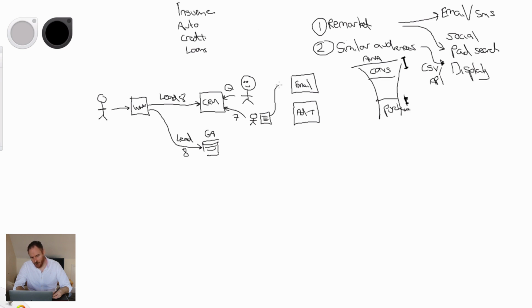And he then uploads that into his email platform, and he uploads it into the ad tech. And then from there, we can send out a relevant message, a little envelope to the person, and we can show them a pretty banner on a website with the products they want to buy.